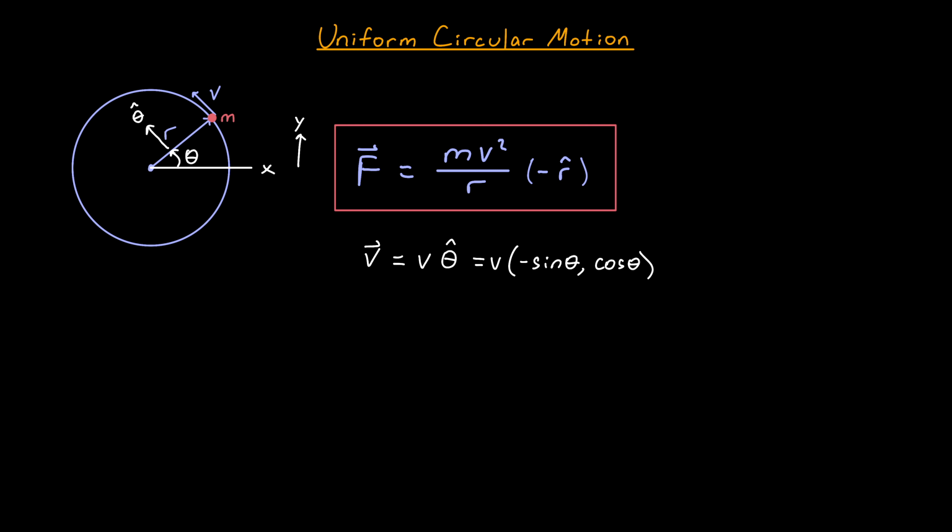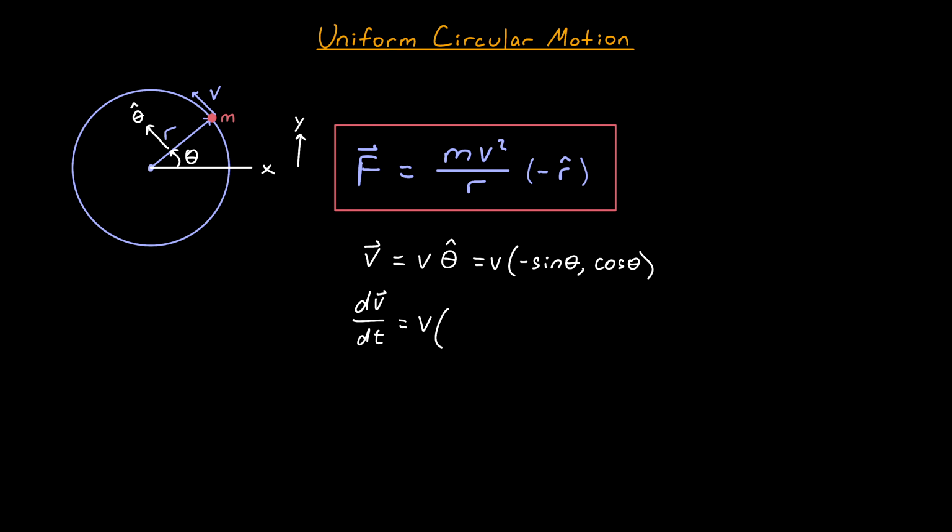If we want to find the acceleration of our object, all we have to do is take the time derivative of this velocity. We can write down dv dt equals a constant speed, because we're assuming this is uniform circular motion where the speed doesn't change, multiplied by the derivative of our theta hat vector. So we can start writing out the derivative of minus sine theta with respect to time.